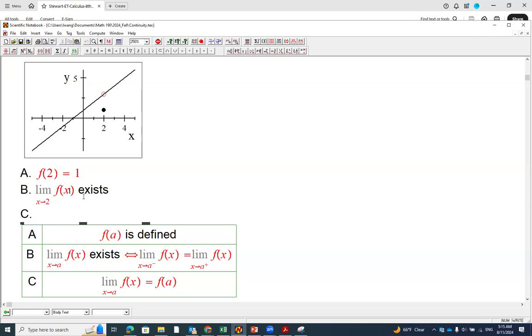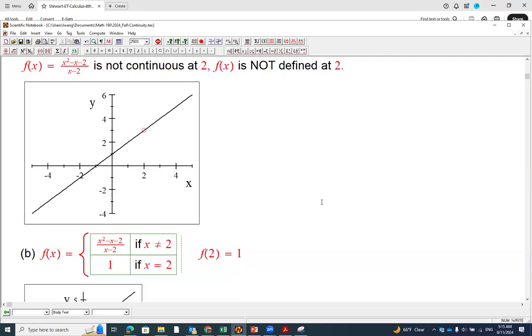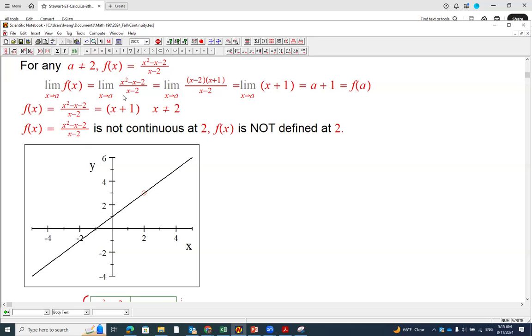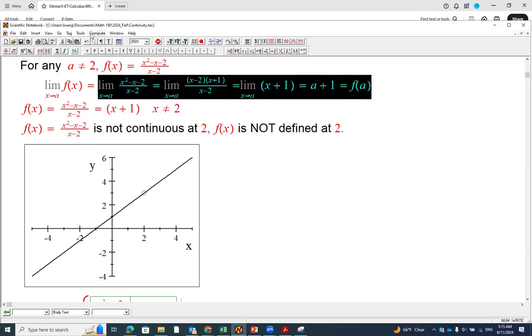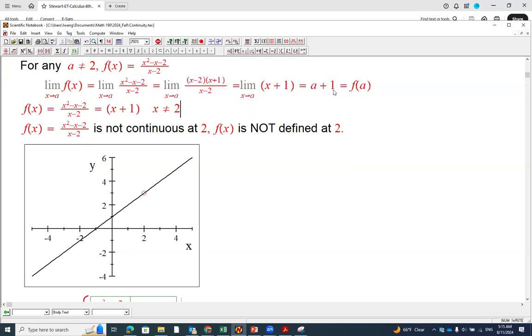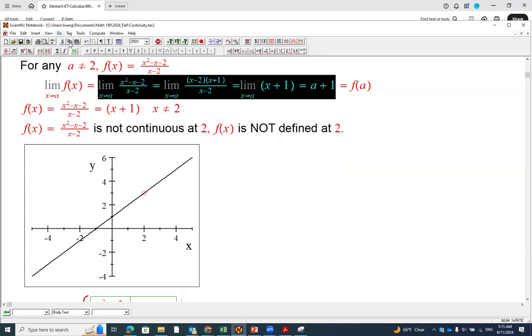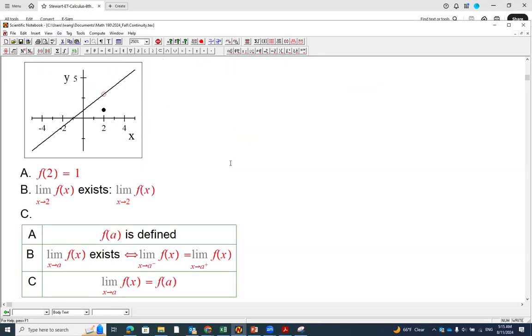C, then you mention the limit. What is the limit as x approaches 2? You need to tell the reader what it is. Well, we can borrow the work we did earlier. You're going to show this piece of work.